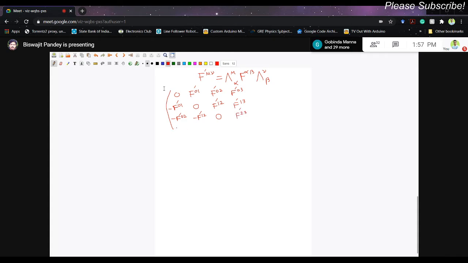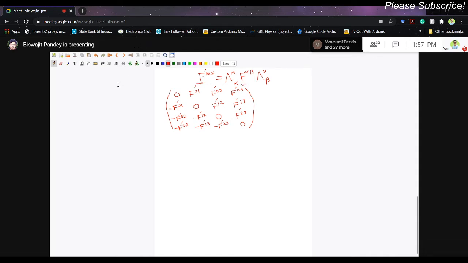This one will be minus of F03 prime, the second one will be minus of F13 prime, since 31 and 13 are the same, and this will of course be opposite to this, minus of F23 prime, this is 0. So this is the mathematical object of our interest in the prime frame, on the left hand side.